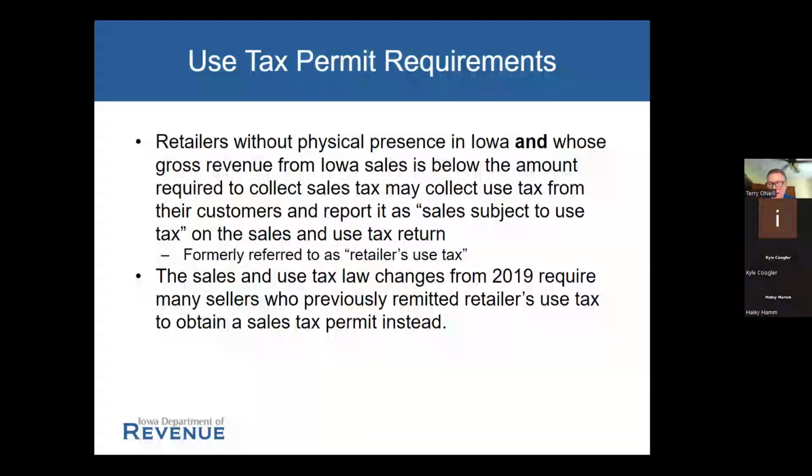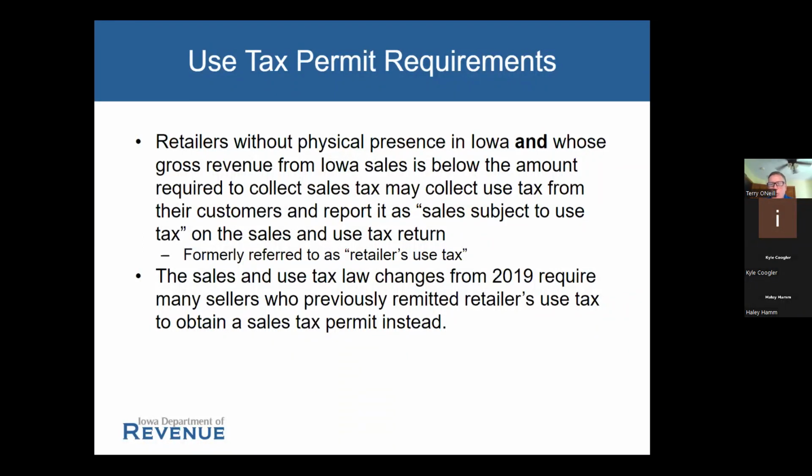Now, why would you do that? I had an example here. It's been some time ago now. There was a business in Colorado, if I remember correctly, and they were asking if they met our economic nexus or our physical nexus thresholds. After I discussed with them for a while, we determined that they did not meet the nexus thresholds for physical nexus or economic nexus.